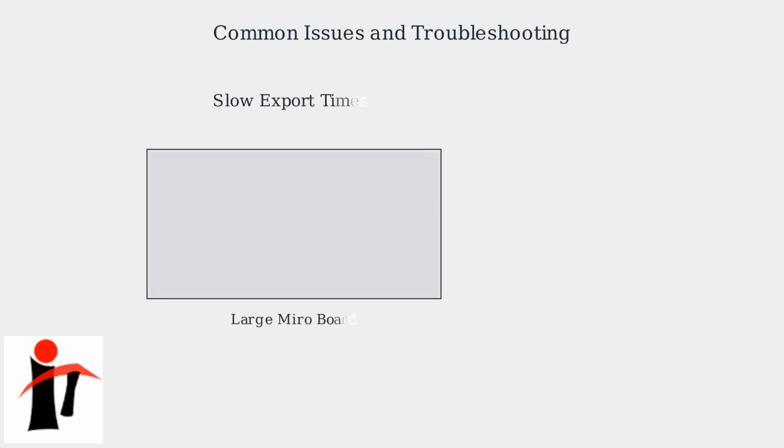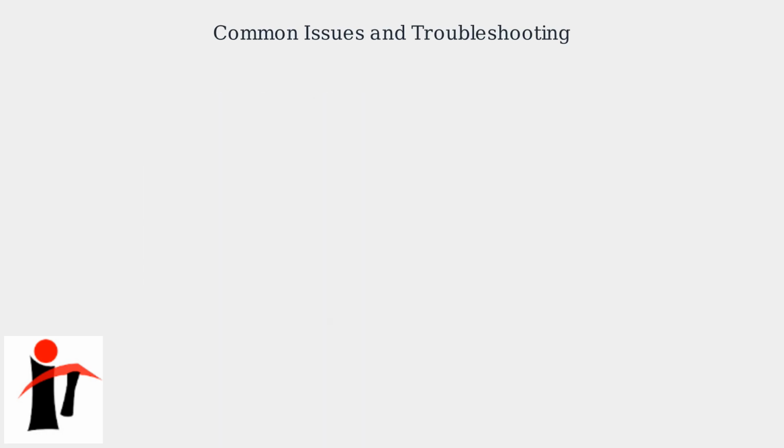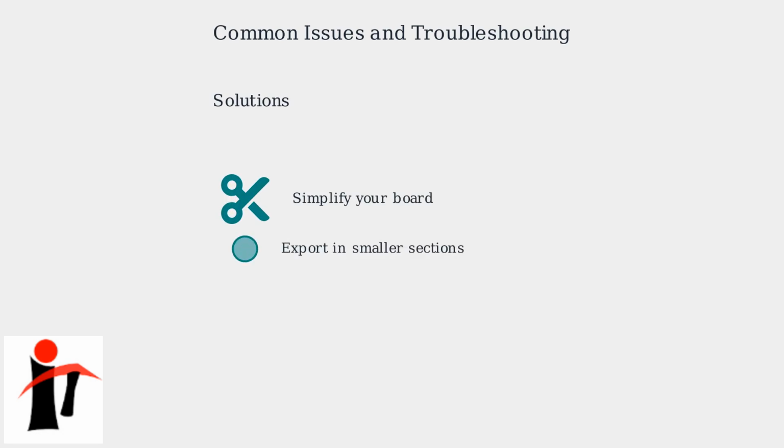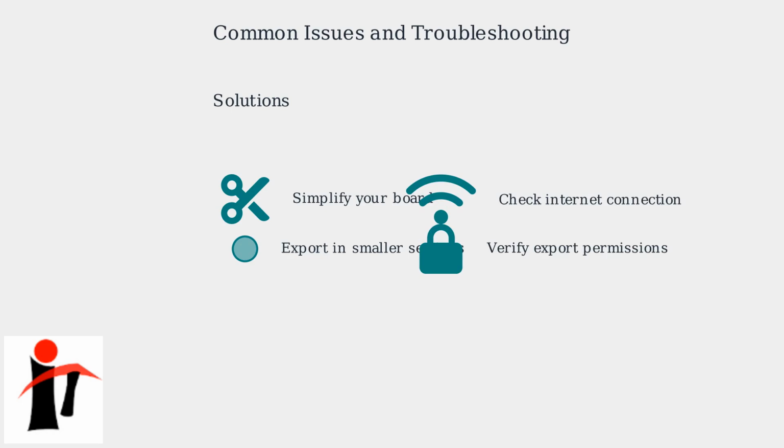Very large boards can take significant time to export, even with Miro's optimizations that aim for under 30 seconds for most boards. If you encounter these issues, try simplifying your board by removing complex elements or export in smaller sections to avoid problems. Also, ensure a stable internet connection for smooth exports and double-check that you have the required permissions to export the board.